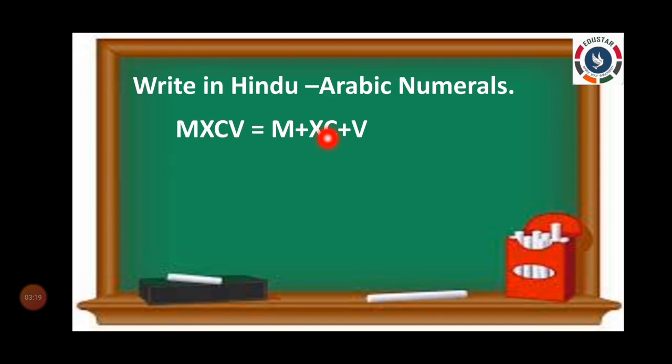So XC you have to separate, plus V. Write separately. Then what is the value for M? 1000. Then what is the value for XC? C is 100, X is the smaller value 10. So you have to subtract the two values. What do you get? 90. Then 5. Finally 1000 plus 90 plus 5. If you add all those values you get 1095.